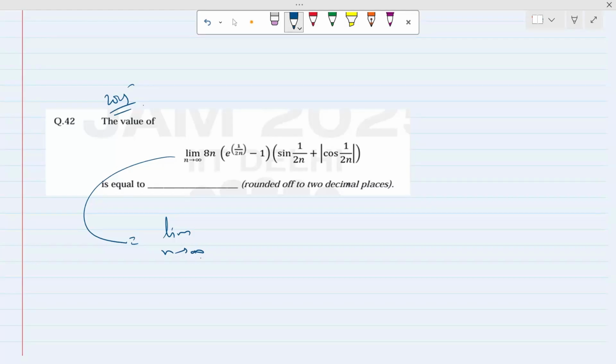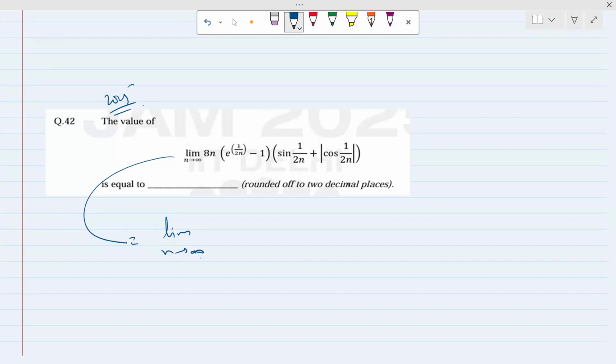Okay, so that may be one of the ways. But n is a natural number, so we can let 1 by 2n equal to x, so that x tends to 0 as n tends to infinity.